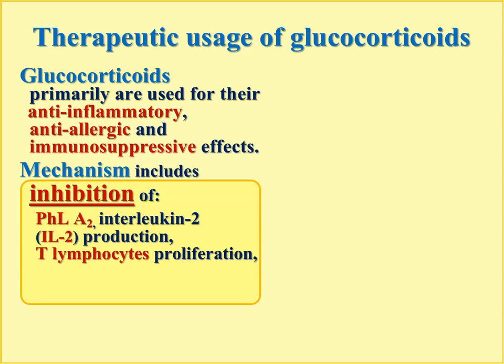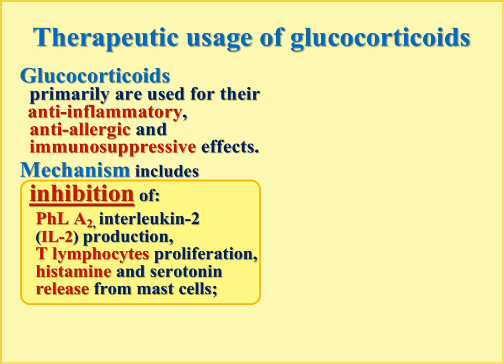And this does not require great explanation because if you recall the first effect, protein catabolism in many tissues, including lymphoid tissue. So if there is protein catabolism, T lymphocytes cannot proliferate. Proliferate is to develop numerously, but it's suppressed greatly because of catabolism of proteins. So T lymphocytes are suppressed, and histamine and serotonin release from mast cells, from tissue basophils, is also suppressed.